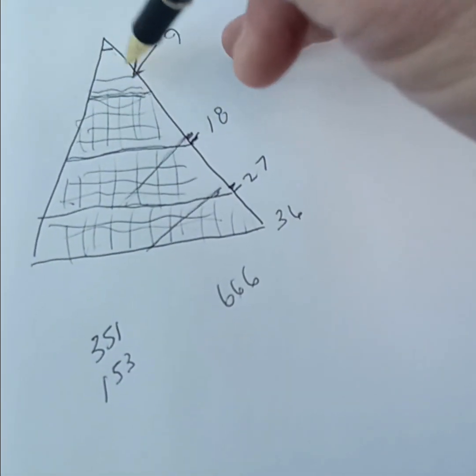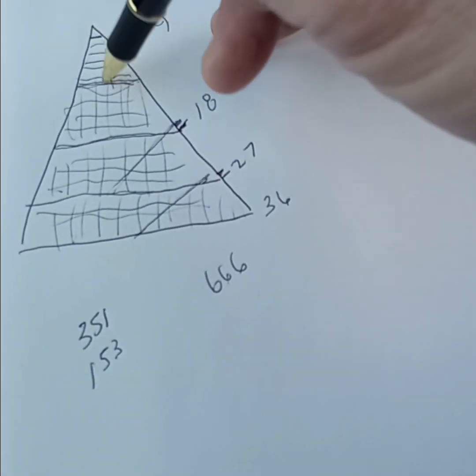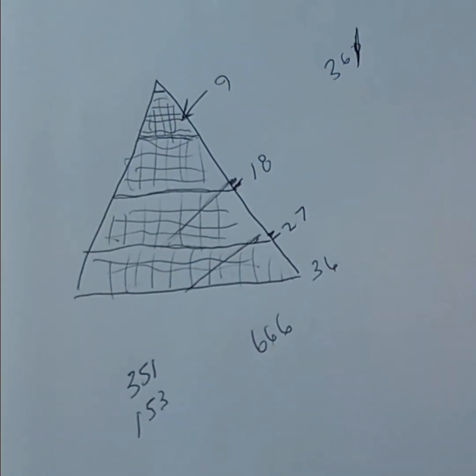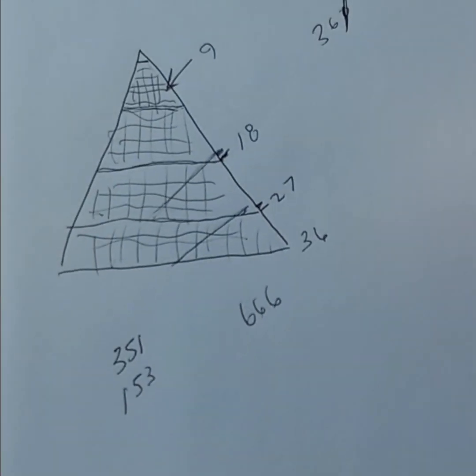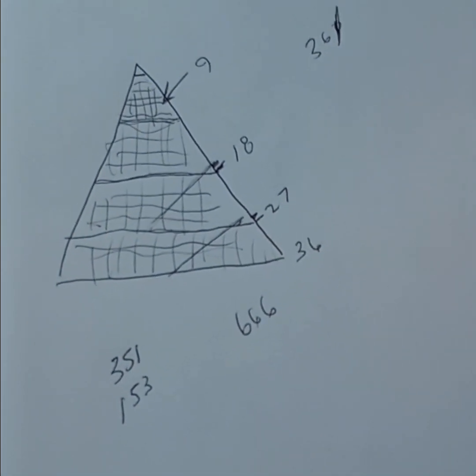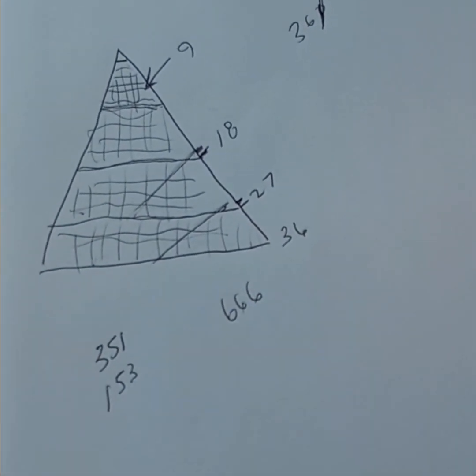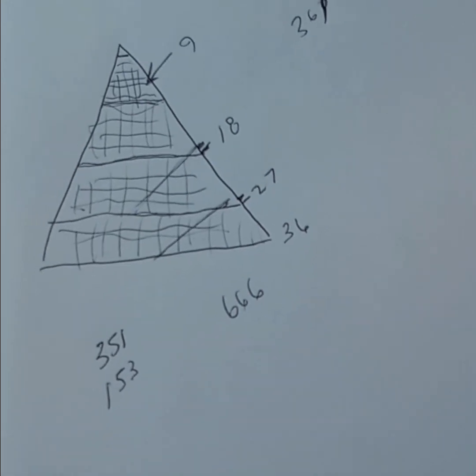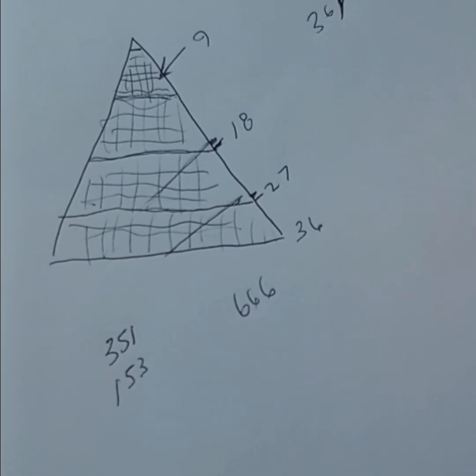Now, when I finish putting all my lines up here, our number system is based off of 10. So there are all different base counting systems: base 7, base 8, base 9, base 10. We use base 10.